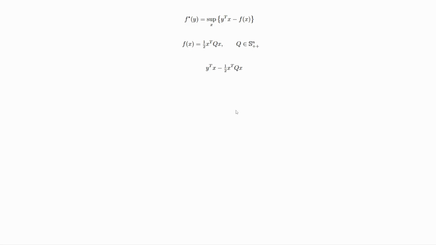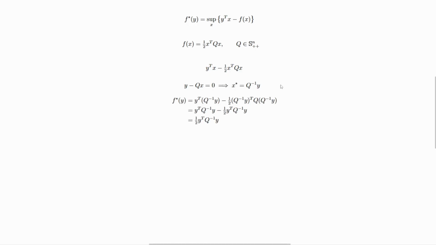Since f is differentiable and convex, there's a unique maximum, so we can find it by setting the gradient to 0. The point that maximizes this expression is x star equals Q inverse times y.